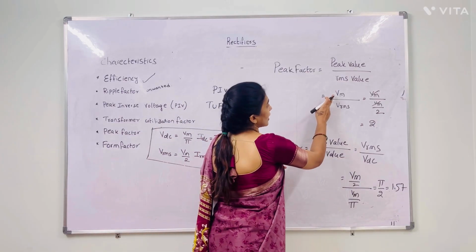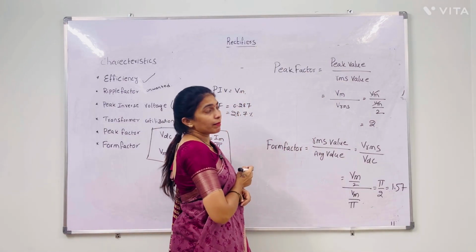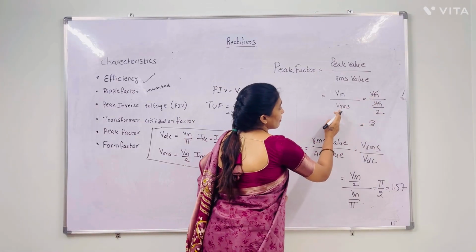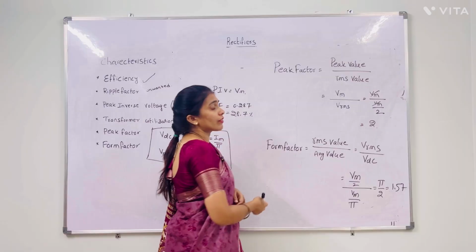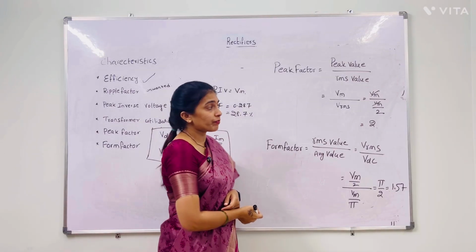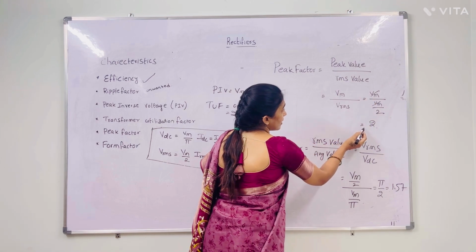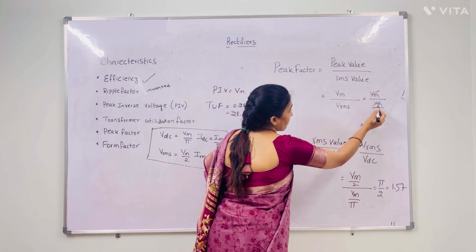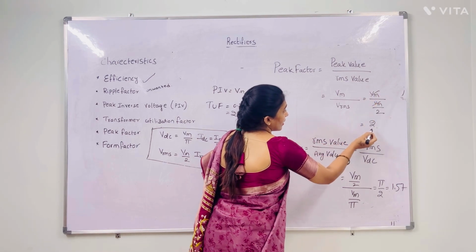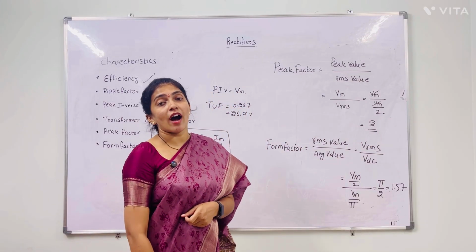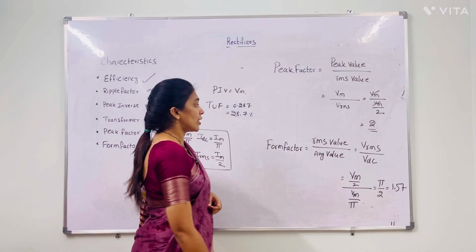Obviously we take the positive side, Vm divided by Vrms. Substituting Vrms as Vm by 2, Vm gets cancelled, then we get 1 by 1 by 2, so the answer is 2. The peak factor of a half wave rectifier is 2.